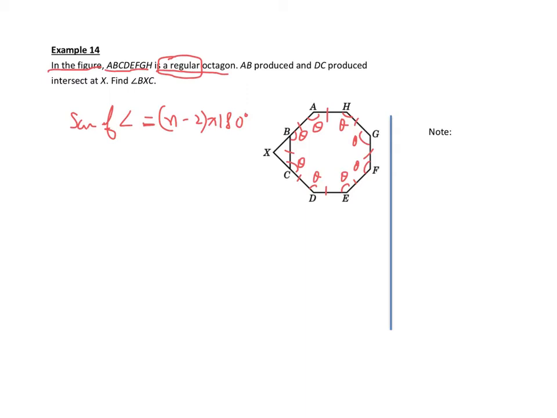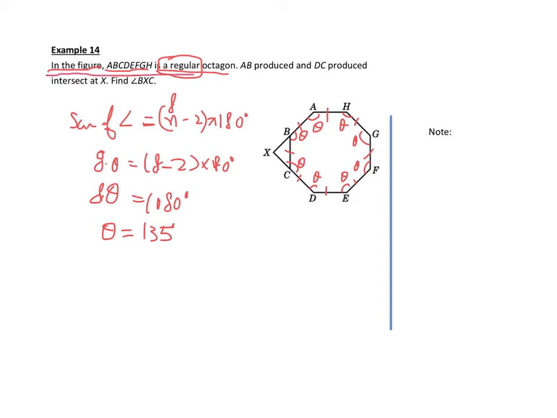The value of n is equal to 8, and we can see that there are 1, 2, 3, 4, 5, 6, 7, 8 thetas. So 8 times theta must be equal to (8 minus 2) times 180 degrees. So 8 theta must be equal to 1080 degrees, and theta is equal to 135 degrees. That is all the information from the first sentence.